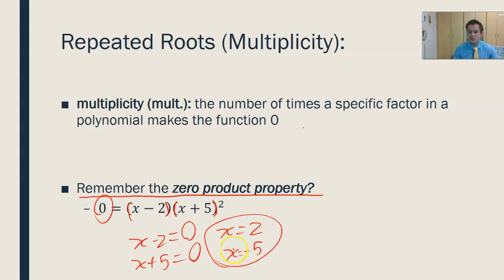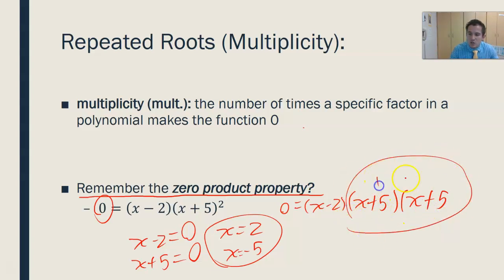Those would be my solutions. But notice here, I have x minus 2 times x plus 5 squared. Squared just means I'm multiplying something by itself 2 times. So I can rewrite this as x minus 2 times x plus 5 times x plus 5. There are 2 x plus 5 factors. So technically this solution, this 0 of negative 5, is here twice.